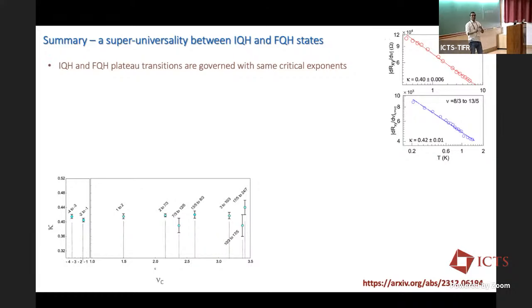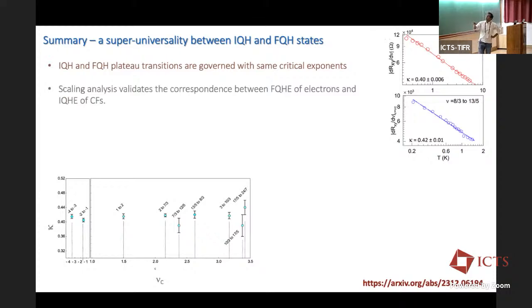We also find that when I go from an integer to a fraction, the critical exponents are the same. So it looks like, as far as Anderson localization-delocalization is concerned, it doesn't matter which entity is hopping. It can be electrons to electrons, electrons to composite fermions, or composite fermions to composite fermions. The results are the same. Scaling analysis validates the corresponding states.